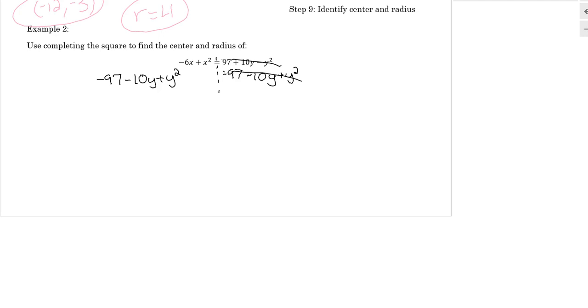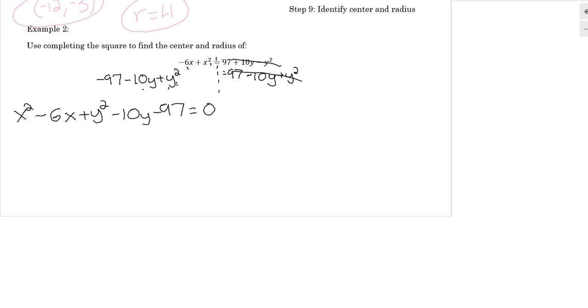I'm going to write all the way over here, though. I want to start with my x squared, then my x, which was minus 6x, then my y squared, then my y, then minus 97. And I know this is going to equal 0.